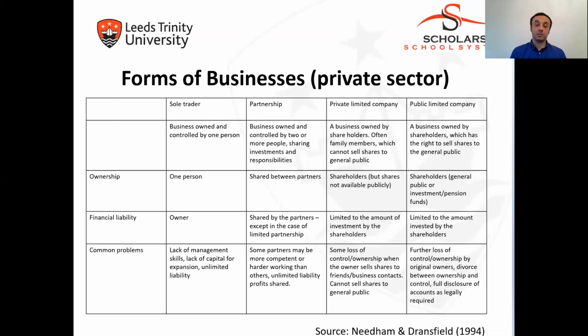The possible problems that may be confronted are loss of control and ownership by the original owners, divorce between ownership and control, and full disclosure of accounts as legally required. So as a public limited company, all the financial reports and records should be made public.